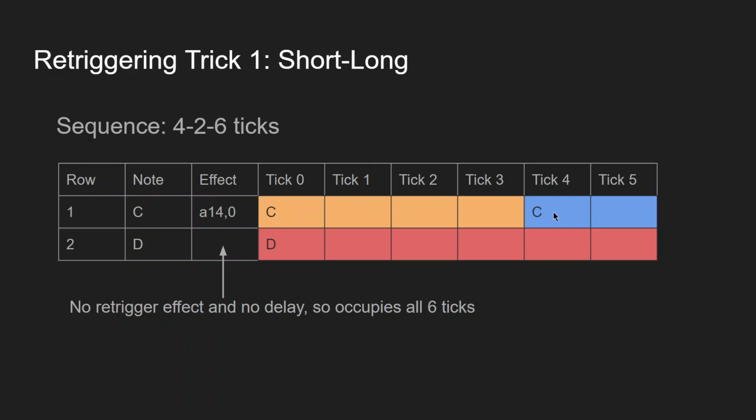Then we start a new note on tick 4, so that goes for tick 4 and tick 5. But on our second row, we don't have the retriggering effect applied. So this is just a standard row that plays for all 6 ticks, which means that this second note, the blue one, gets cut off. That one only lasts for 2 ticks. So we've got 4 ticks, 2 ticks, 6 ticks. I guess that might be useful. It's a little hack.